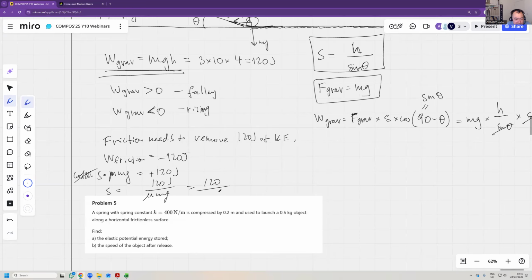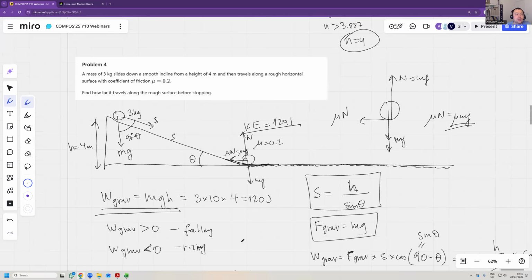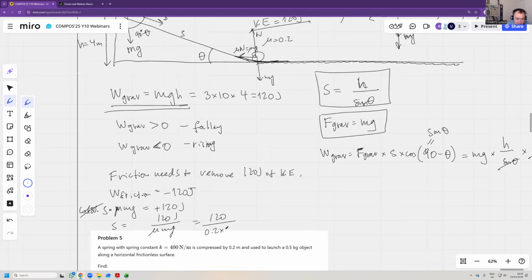So 120 divided by 0.2 times 3 times 10, which is 6. So 120 divided by 6 is 20. 20 meters. And that's the answer.